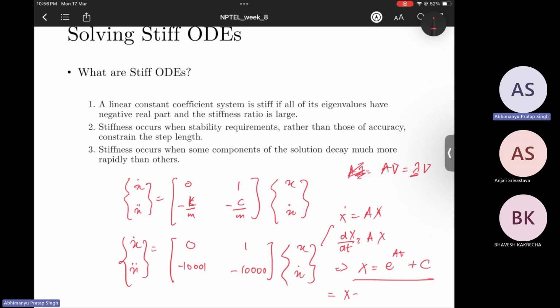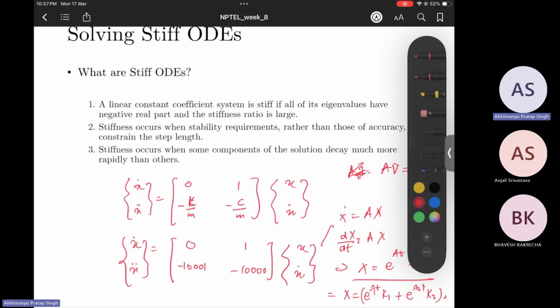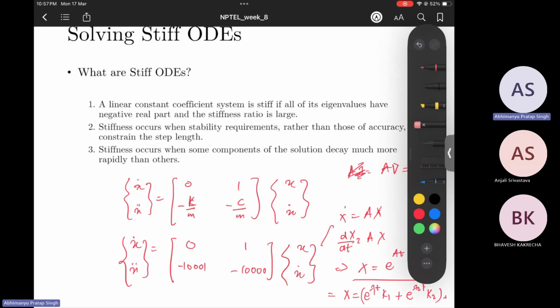So I can write this x as e to the power lambda 1 t times some constant k1 plus e to the power lambda 2 t times some constant k2, plus a constant or some other functions, right?